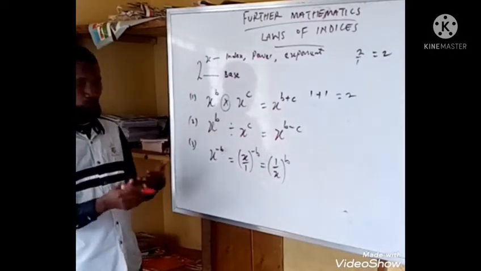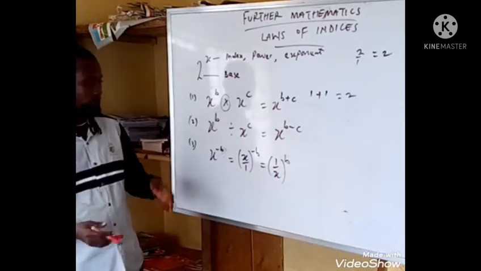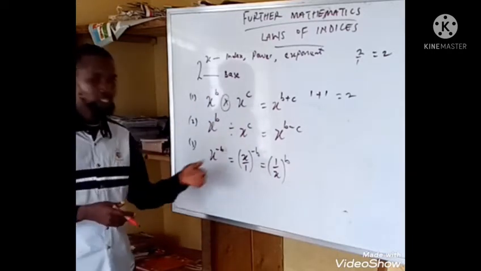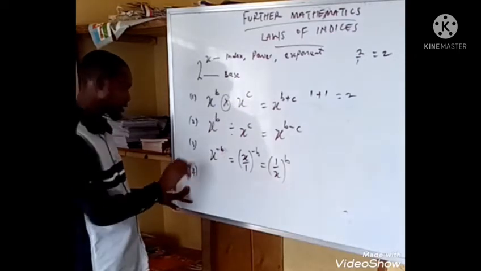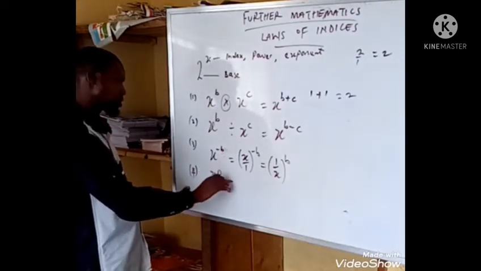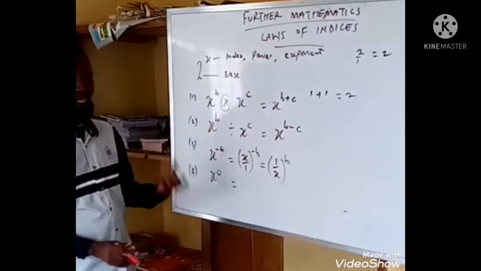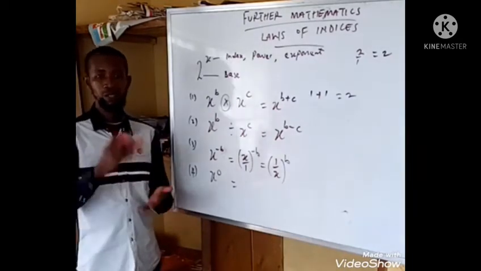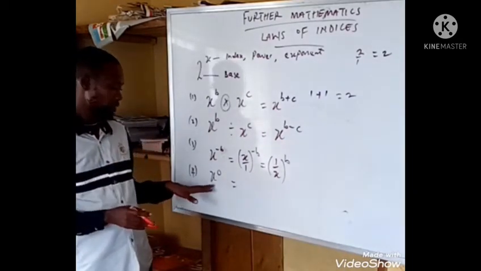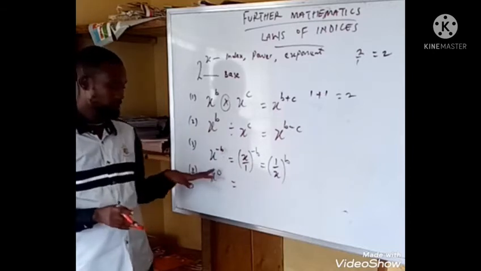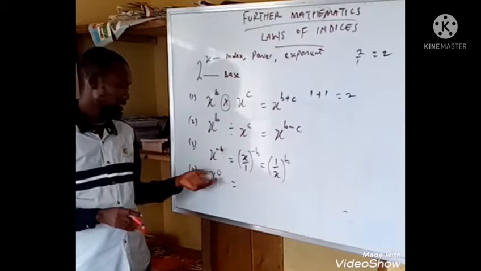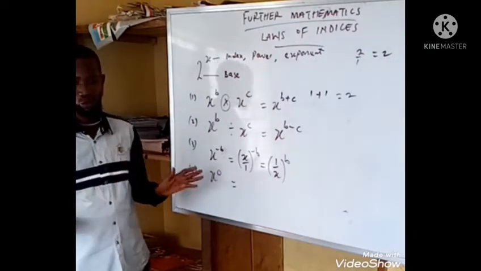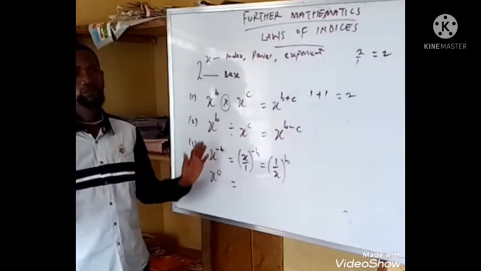So we shall soon move to an aspect whereby we will have to apply all these rules in solving some questions. The next one, which is number 4, is the case when we have a number or a letter having the power of 0. Now this one is a mathematical fact that just has to be taken like that. Anything that has the power of 0 has the value of 1.